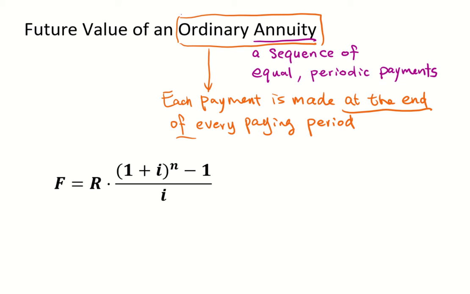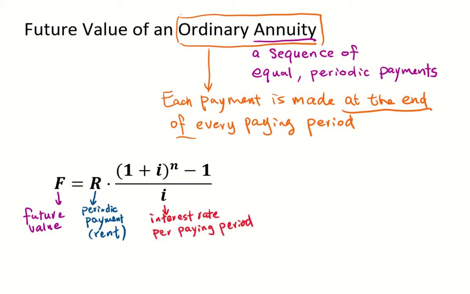This is the formula we use to calculate the future value of an ordinary annuity, where F is the future value of the annuity, R is the periodic payment, or you can call it rent, I is the interest rate per paying period.